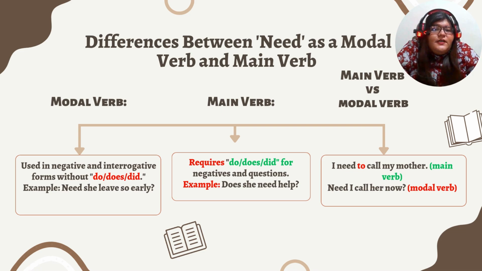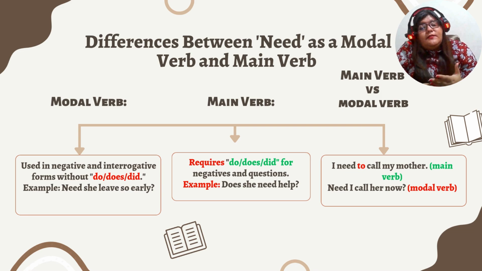So be careful, guys. There are little details, which means the differences, and you will be able to identify, when you see a sentence with the verb need, whether it's a main verb or a modal verb.